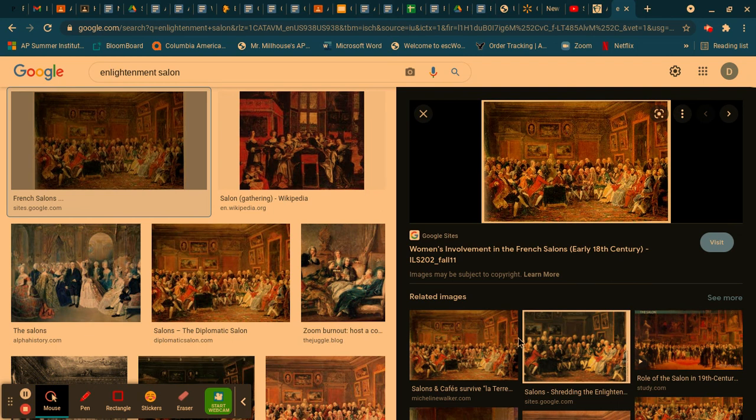Our one lady that we focus on here in the Enlightenment is Mary Wollstonecraft, and she was very adamant that women should be educated just as the men, and that there's no difference between men and women except for physicality. Brain power, organization, abilities, there's no difference. So women should be educated as well.